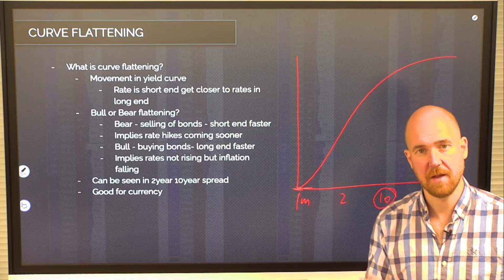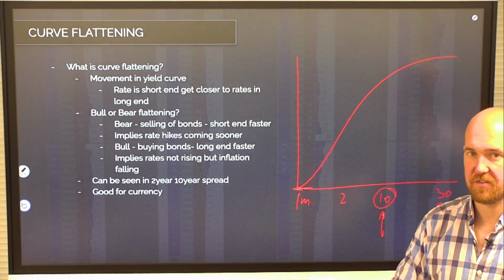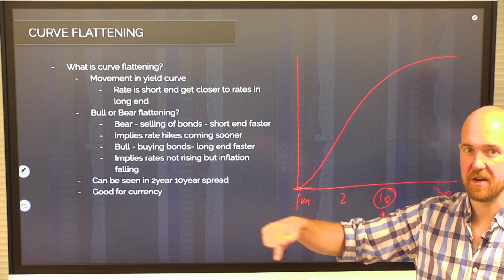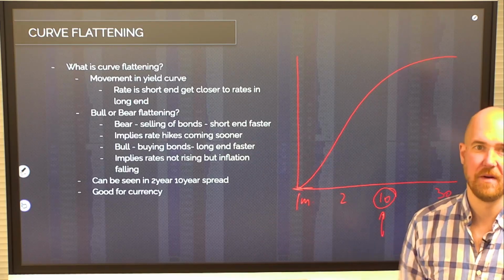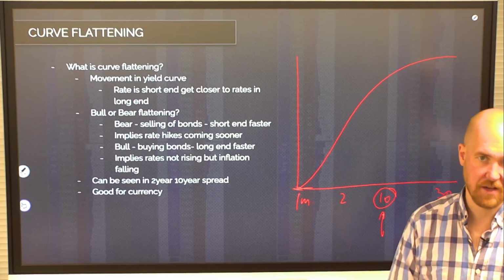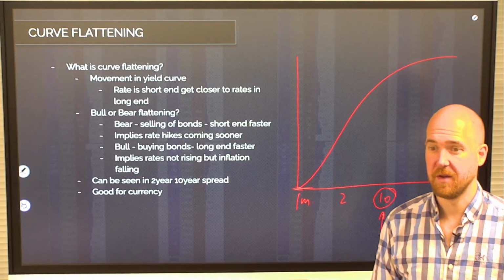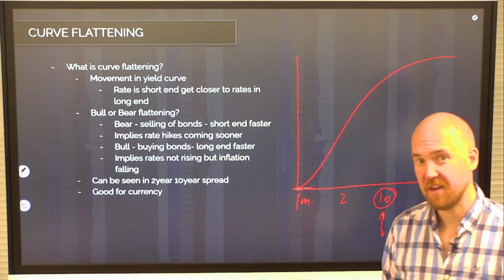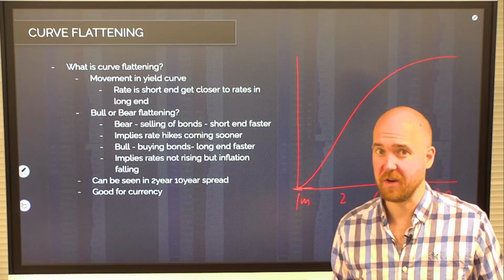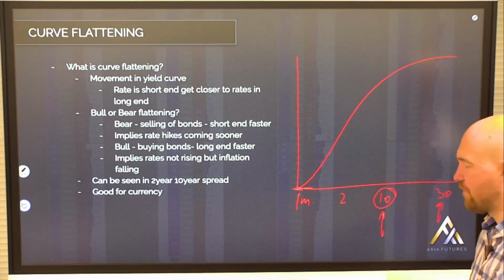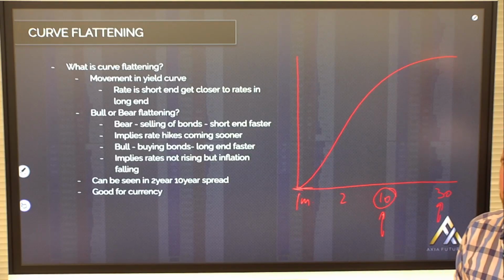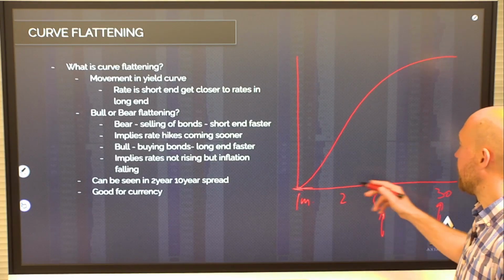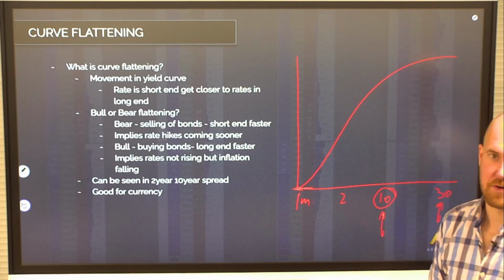In 10 years' time, you can be less certain that a country's going to pay you back the money you've lent them than you can in 1 month's time. Take America, they're not going to go bust next month. And it seems reasonably clear, looking at any information you've got, that's not going to happen. 10 years' time, still probably not, but the probability is slightly higher, so you command a little bit higher rate. So this is a pretty typical looking yield curve.